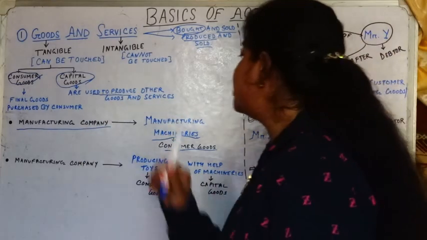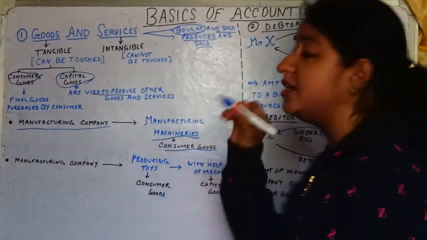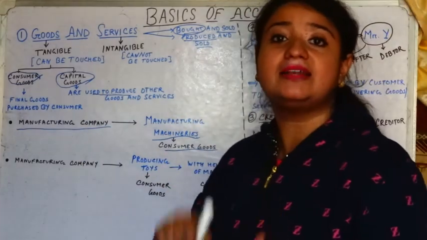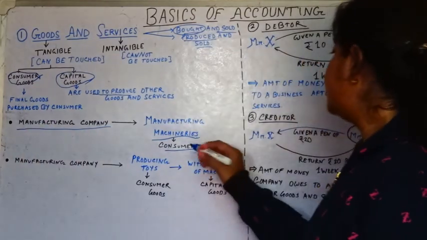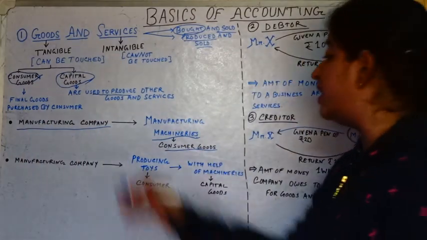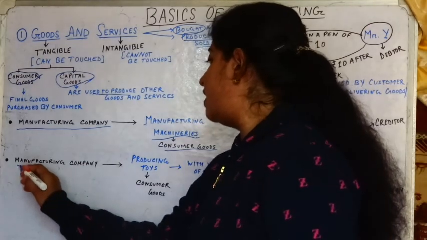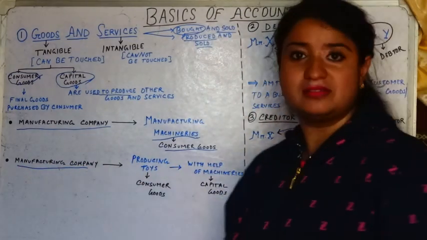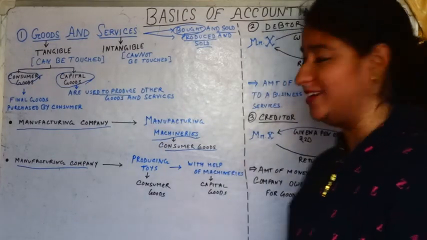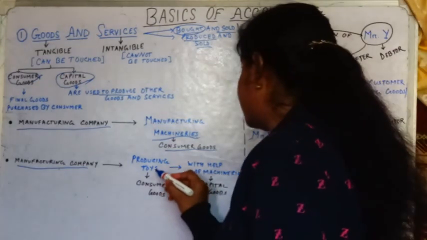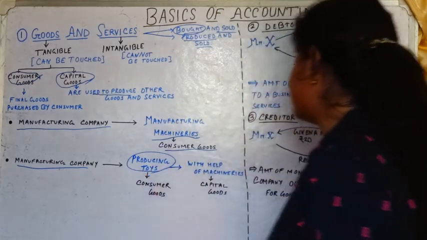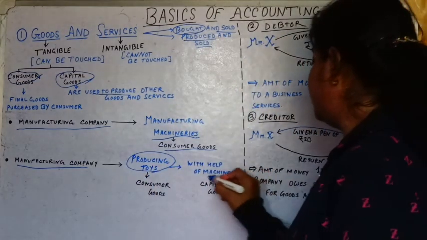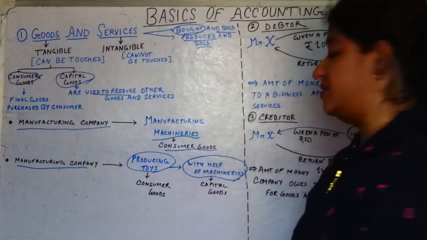When a manufacturing company is manufacturing machineries to sell directly to the consumer, it is called consumer goods. Take another example. Another manufacturing company is producing toys for children. Now, for producing the toys, they need the help of other machineries.